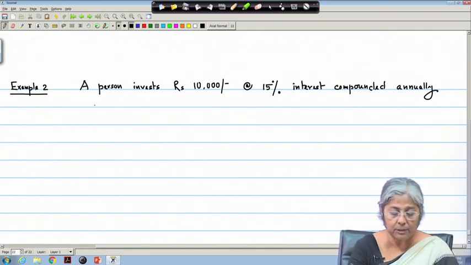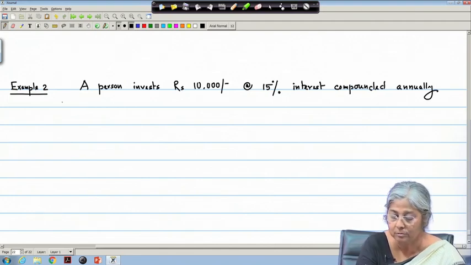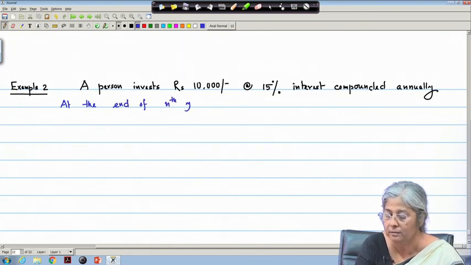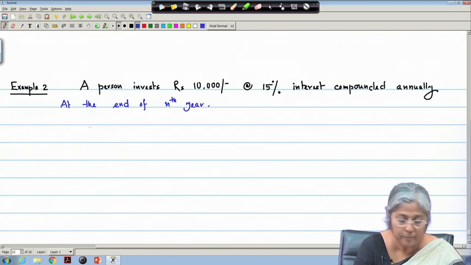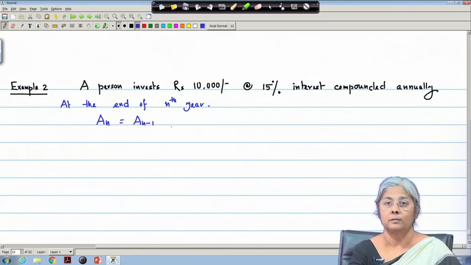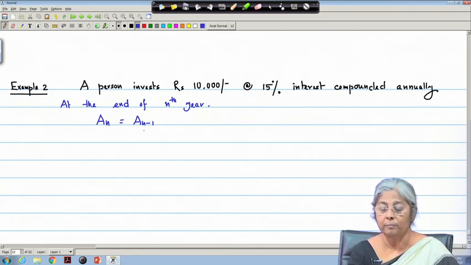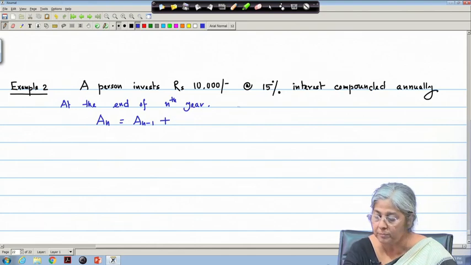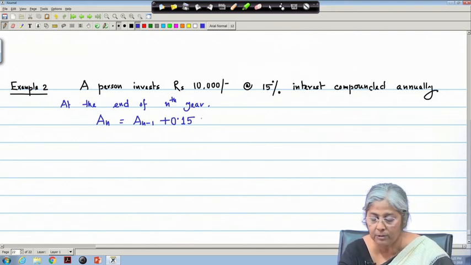So, we can write the amount An at the end of the nth year as the amount at the end of the n minus 1th year plus the interest, that means 0.15 into An minus 1.